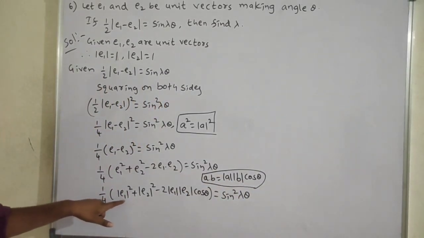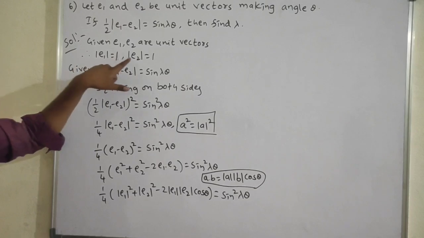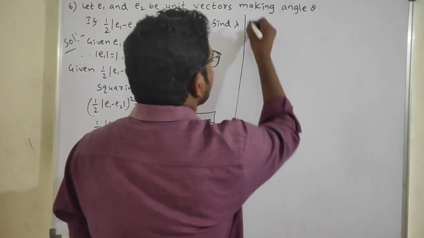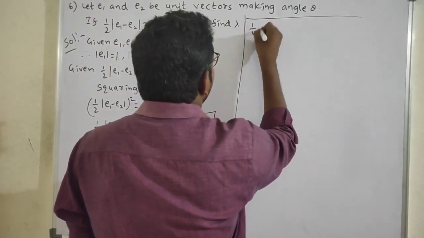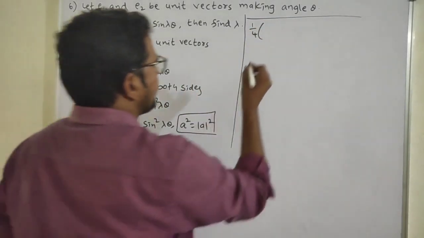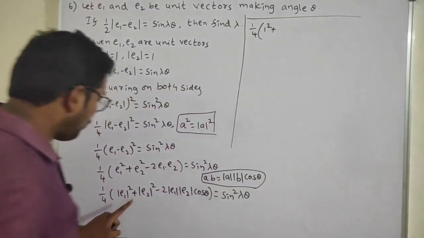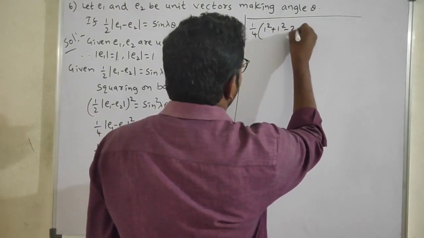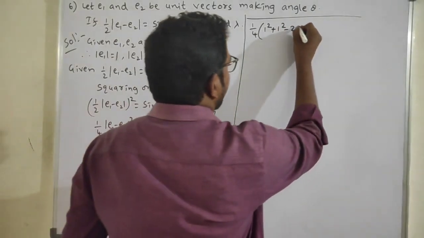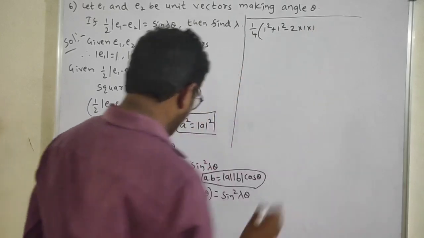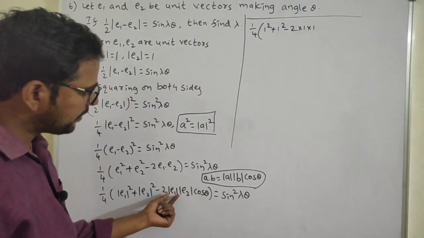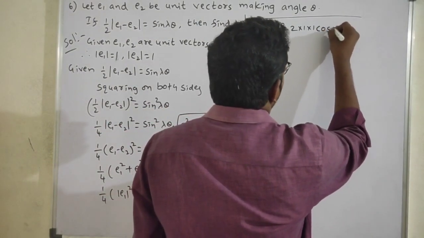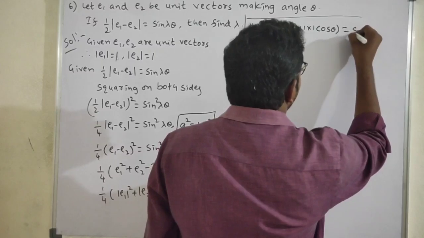Now substitute the values. What is modulus E1? 1. Modulus E2 is also 1. So 1 by 4 into 1 square plus 1 square minus 2 into 1 into 1 into cos theta is equal to sin square lambda theta.